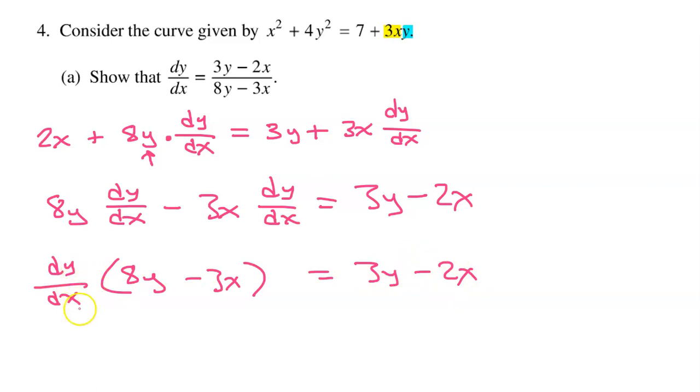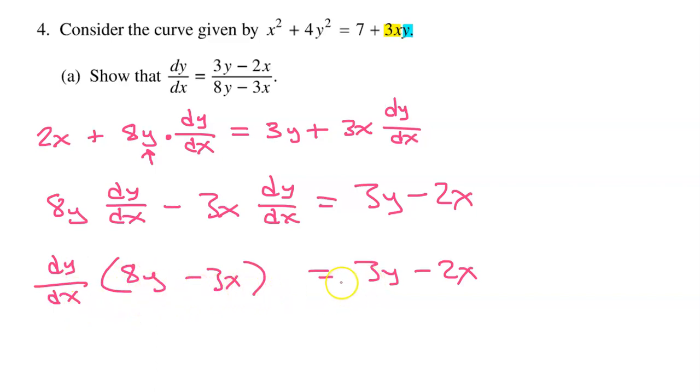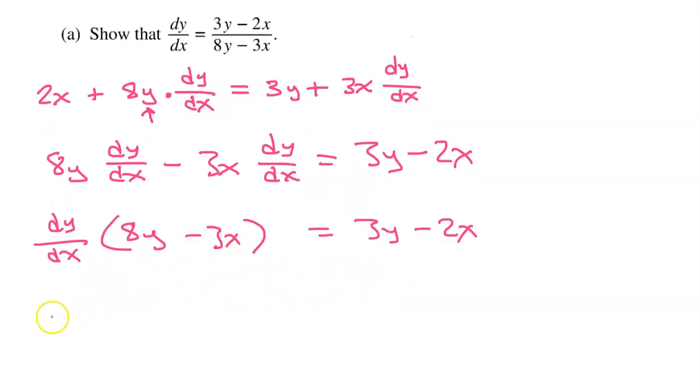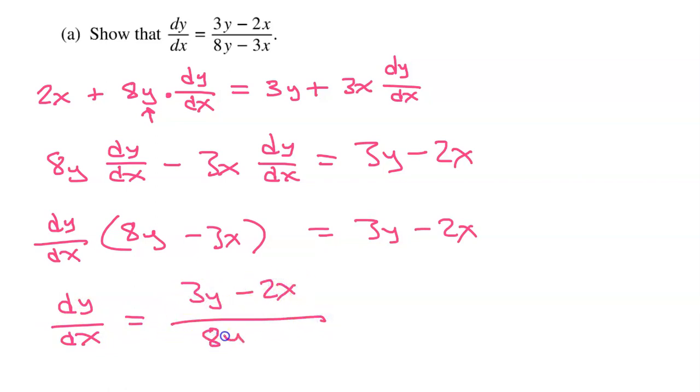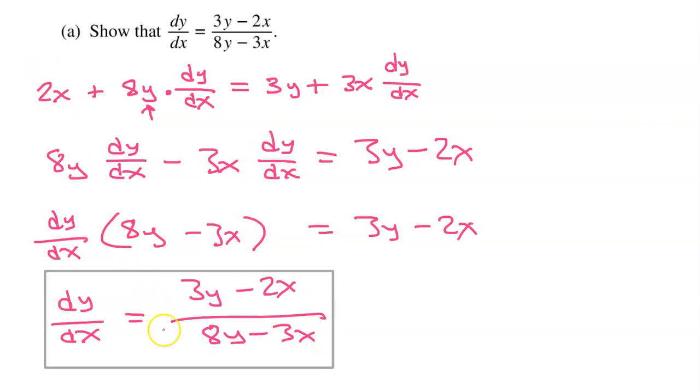Finally, to get dy/dx by itself, I'm going to divide both sides by 8y minus 3x, so this will end up in the denominator. So I have dy/dx is equal to (3y minus 2x) over (8y minus 3x). And that's exactly what we were supposed to show, so that's it for part A.